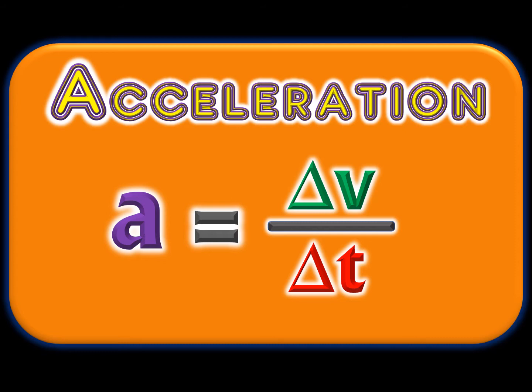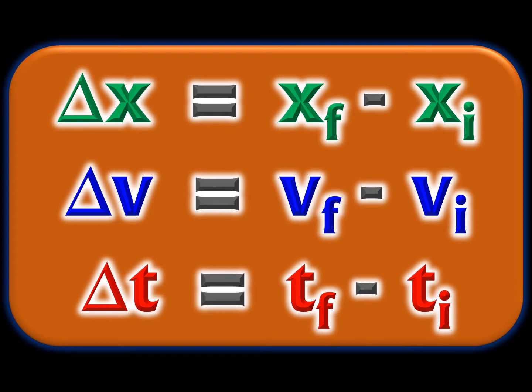Just like we saw before, your delta x equals xf minus xi, final minus initial. Your delta v equals vf minus vi. It's a very similar pattern. And your delta t equals tf minus ti. So this is the pattern we always see: final minus initial.